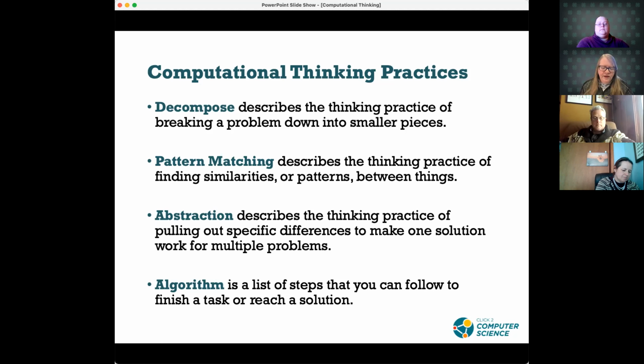And we can then use abstraction, kind of thinking about how do we pull that specific solution into a general solution to create an algorithm or a rule that we can follow, a list of steps that can be used to create a more generalized solution. And that's what we're going to be talking about today, these computational thinking practices.